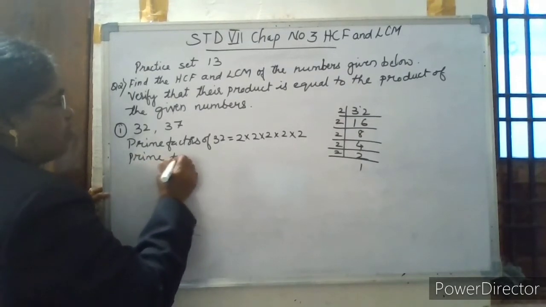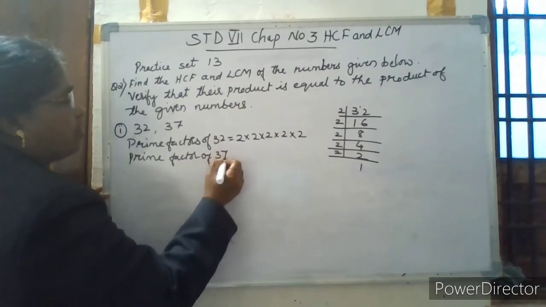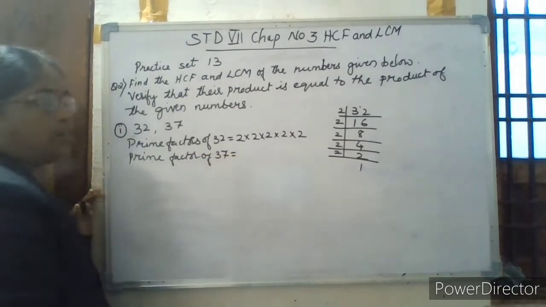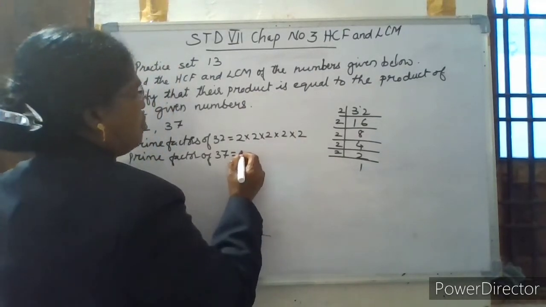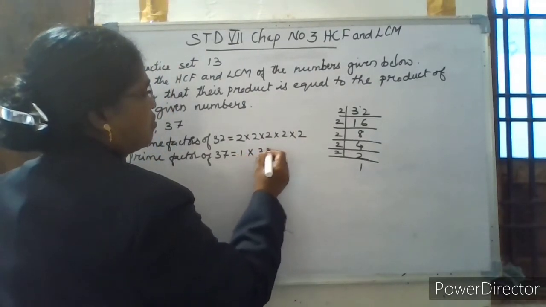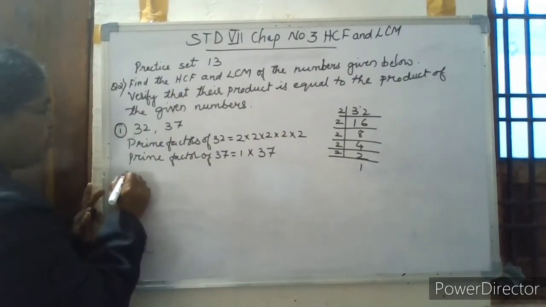Now, prime factor of 37. 37 itself is a prime number. So we can write it as 1 into 37. No other factor. Now see, what is the HCF?